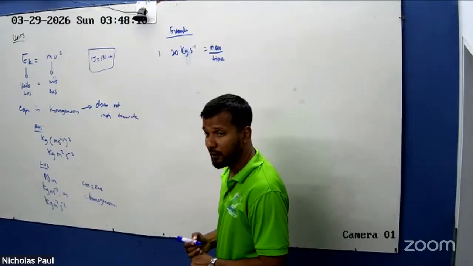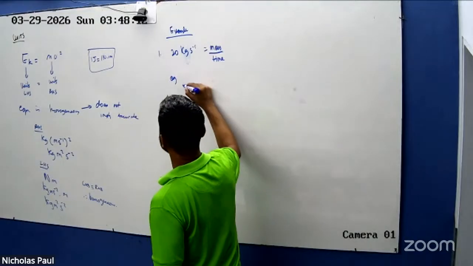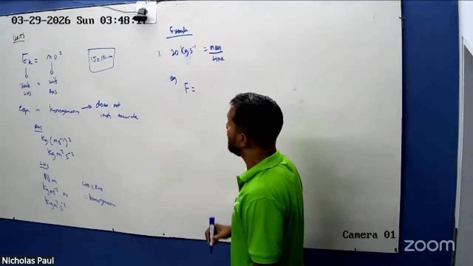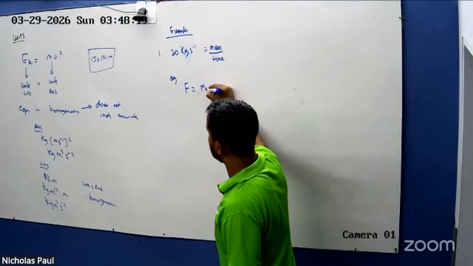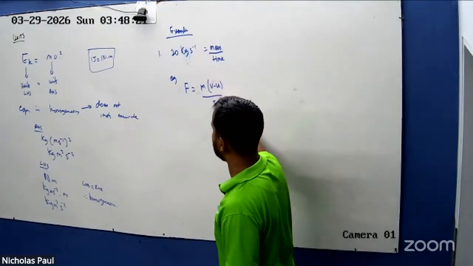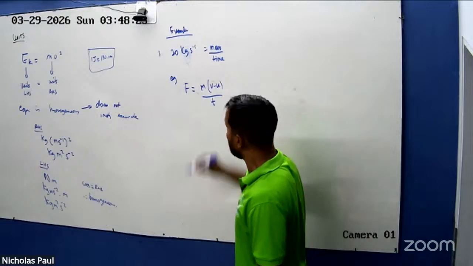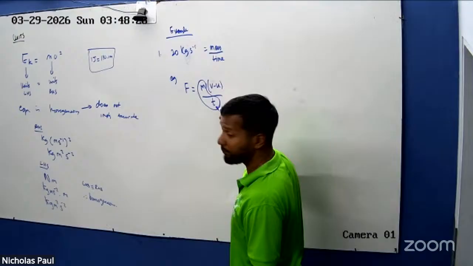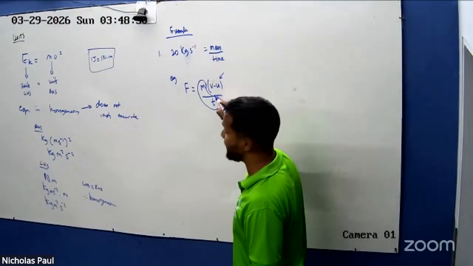Okay with that? So, for example, if you get something like this, and I ask you to find force, we know that force is something like this. We can see now that m on t is 20, and then all we need now is the change in velocity.